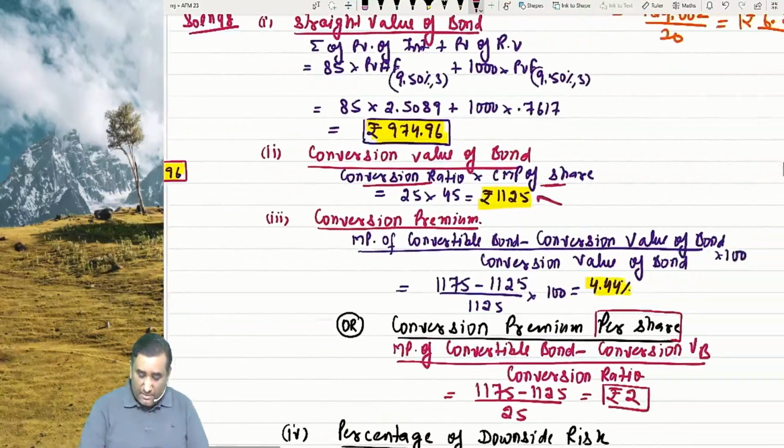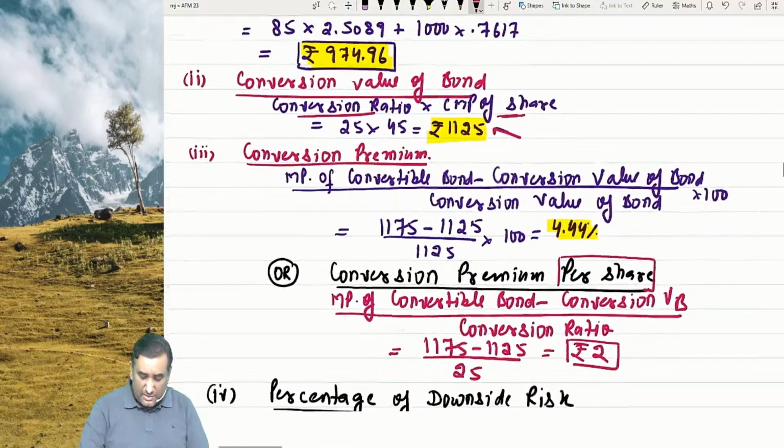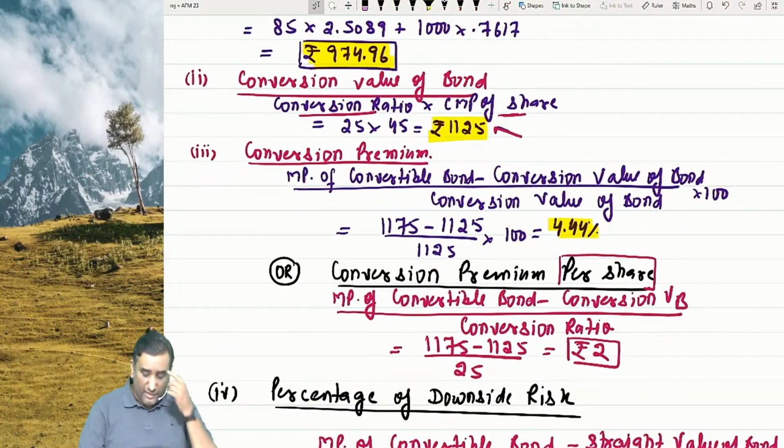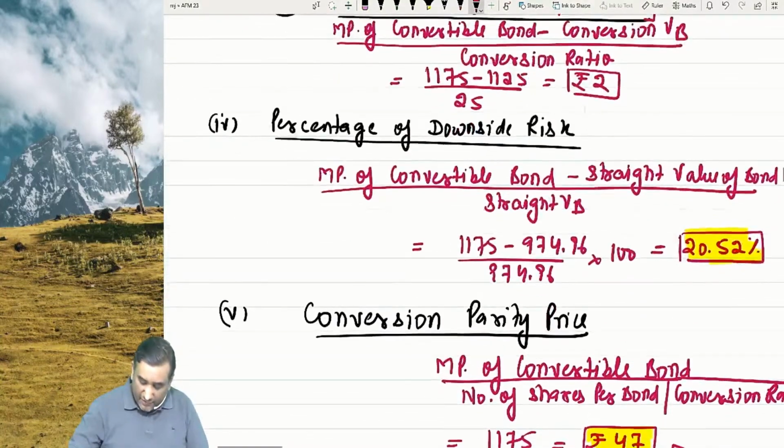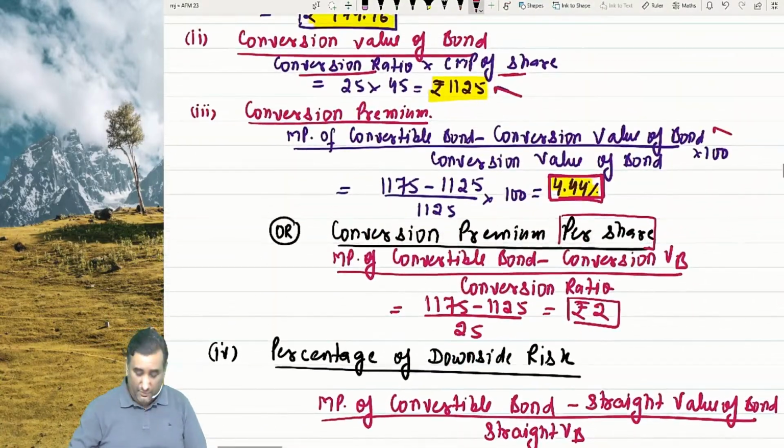So conversion premium is calculated in two ways. Market price of convertible bond minus the conversion value of bond, divided by the conversion value of bond: 4.44 percent. Or if they want it per share, it is the difference of 47 and 45.